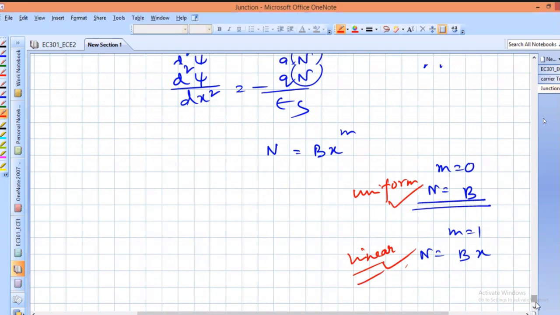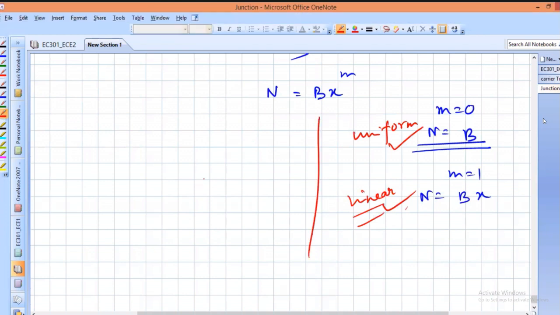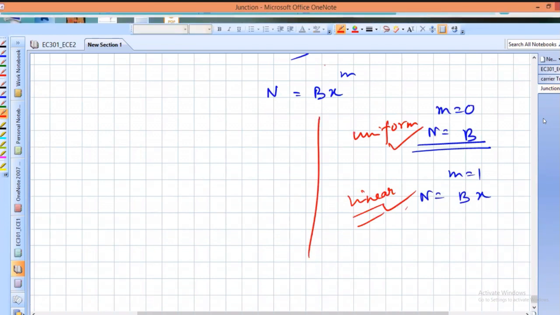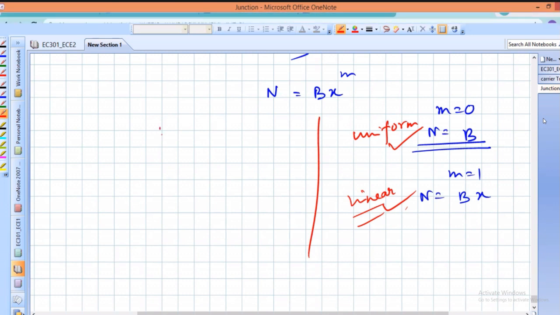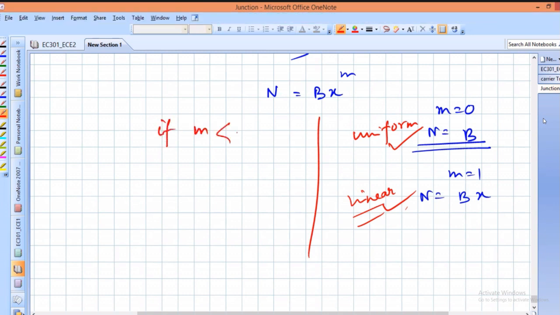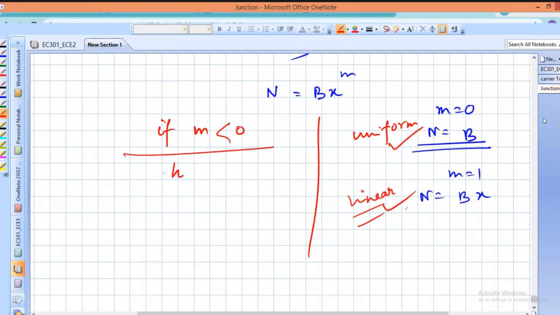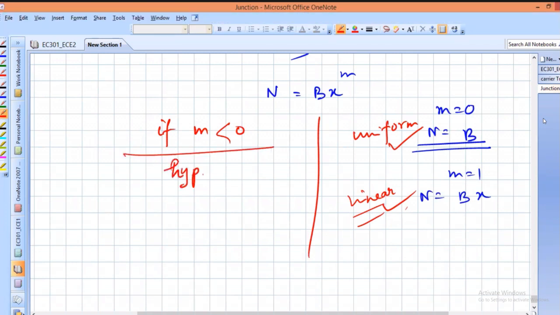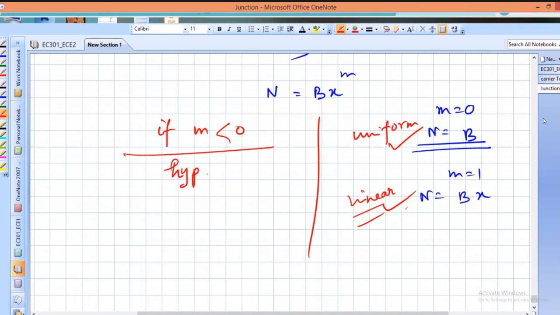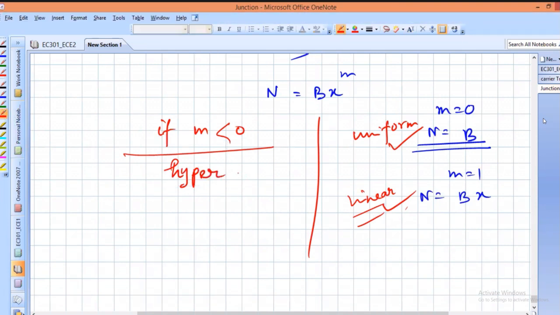Now, the most important one that I wanted to inform you, which is adopted here: if m is less than 0, this type of device is called a hyper-abrupt junction.